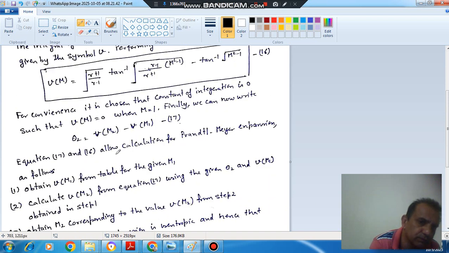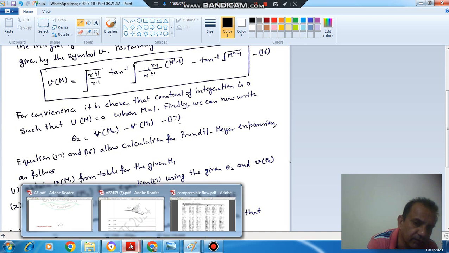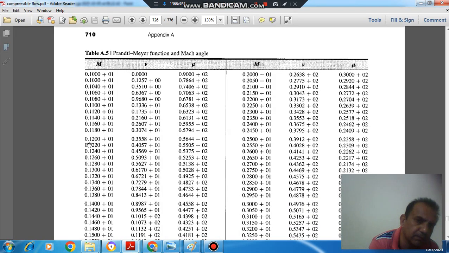Suppose the deflection angle theta 2 is known, which can be measured or calculated, and we have to calculate M2. The initial Mach number is also known. From the initial Mach number we can read the value of mu from this table. Suppose the initial Mach number is 1.2, then the value will be 3.5.